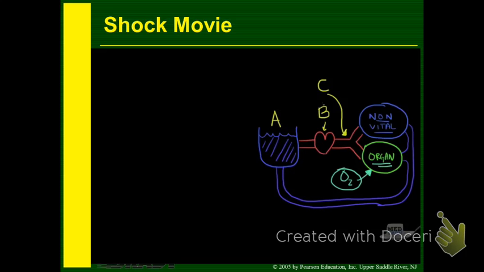So there are three places where that can break down. A, if you don't have enough blood, that can cause a problem, and you'll eventually get into shock because there's not enough oxygen reaching the organs. B, if your heart is just not strong enough to pump that blood to your organs. And finally, C, kind of a septic shock or a distributive shock, if there's a problem in the way the body regulates how much blood goes to the vital and non-vital organs.